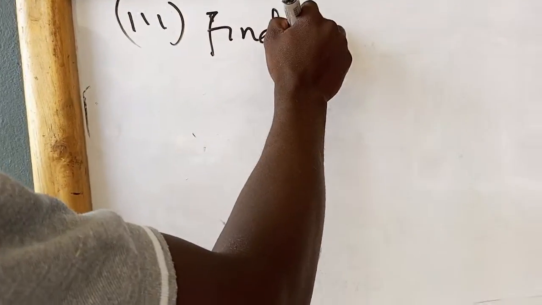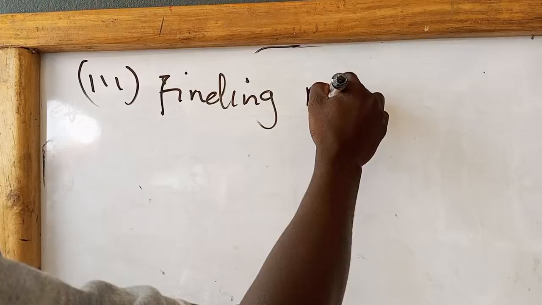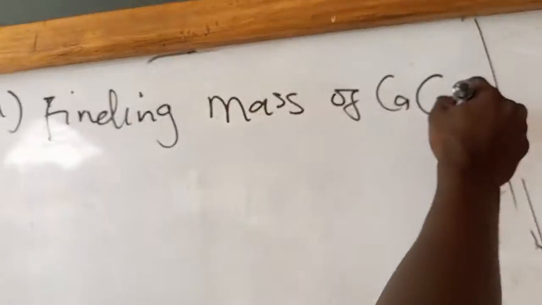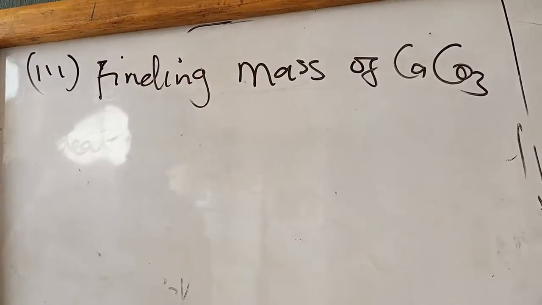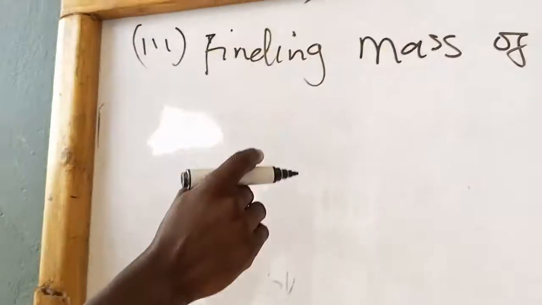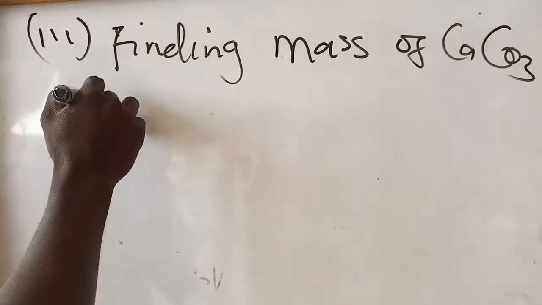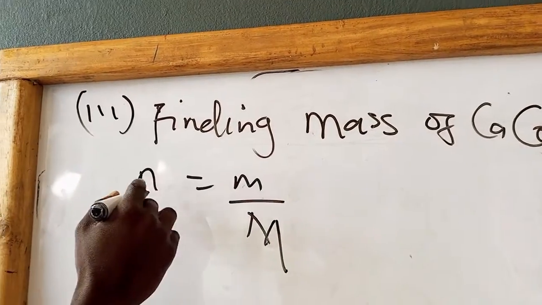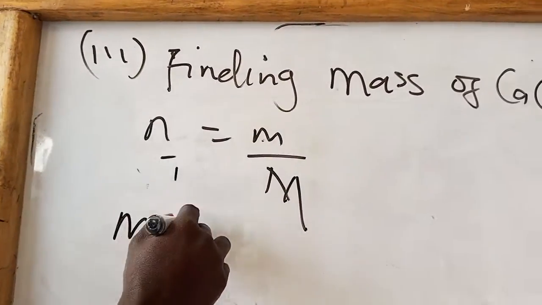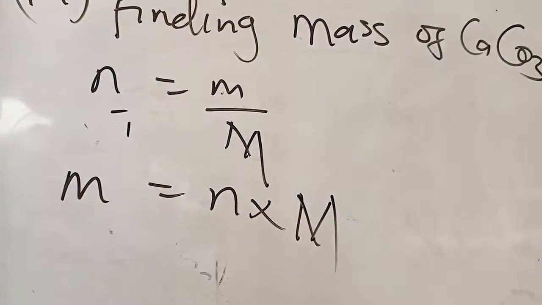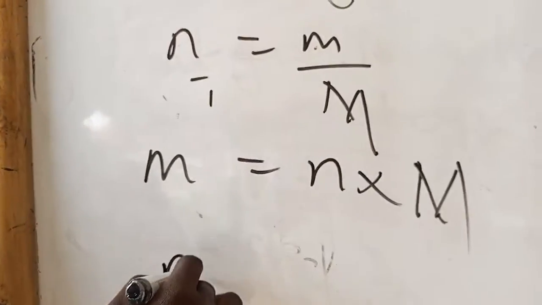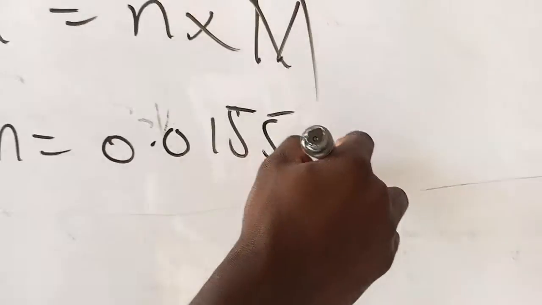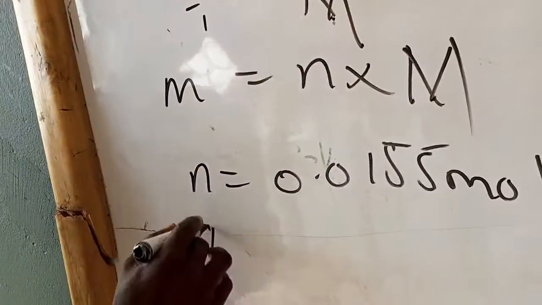Finding the mass of calcium carbonate. In one of our formulas, we learned that mole is equal to mass over molar mass. To find our mass, we get mass is equal to mole times molar mass. Our mole is 0.0155 mole, but our molar mass we don't know.